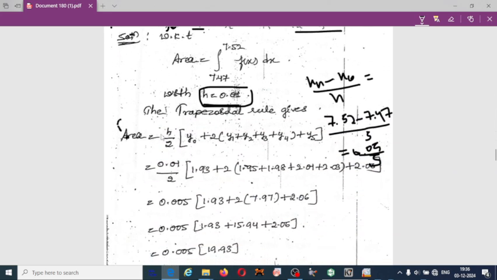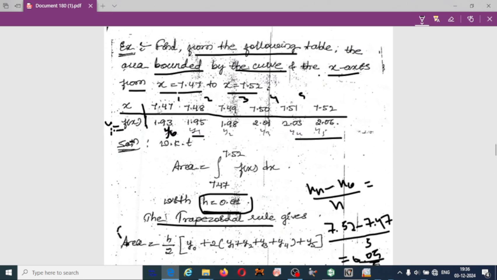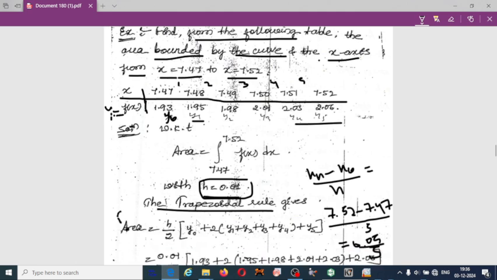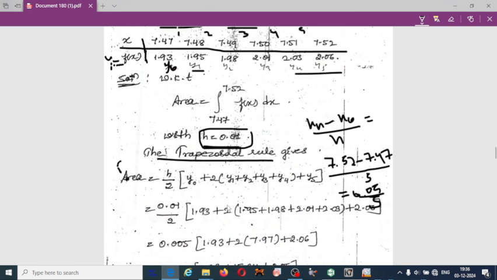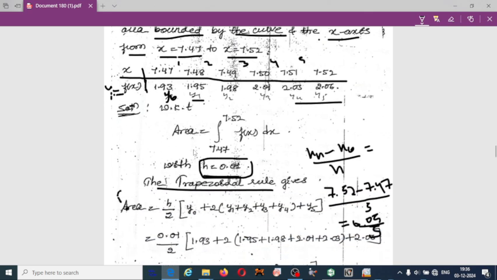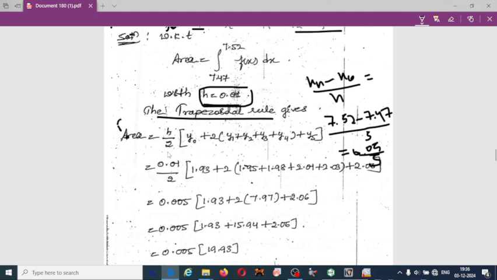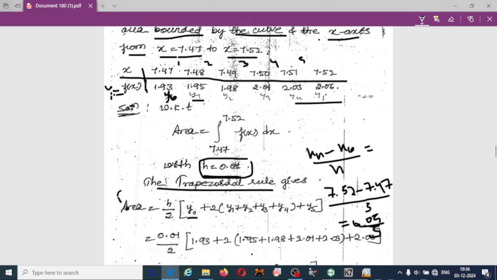So by using trapezoidal rule, you can substitute the value of y0. As in the question, they have given the area bounded by the curve is equal to the integration of f of x. So h by 2 y0.